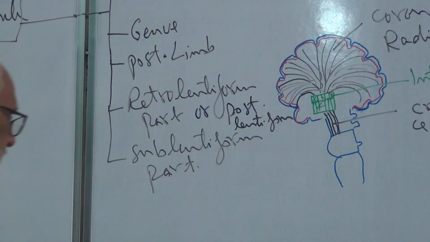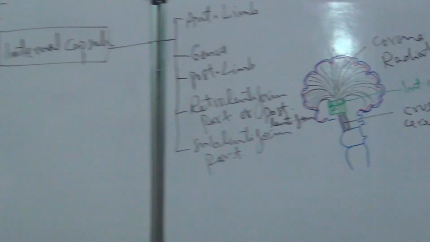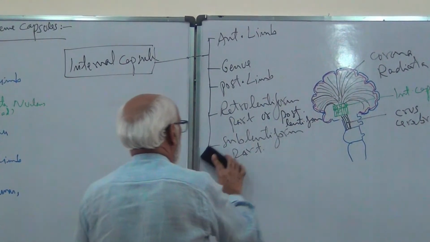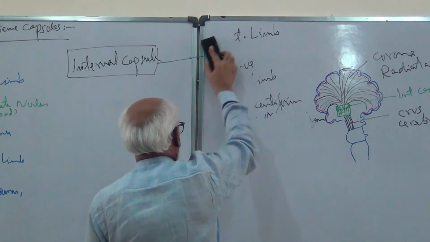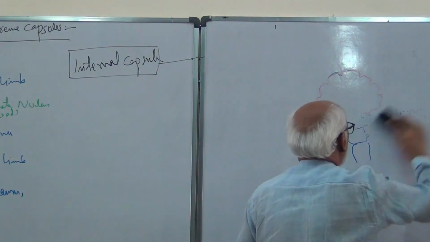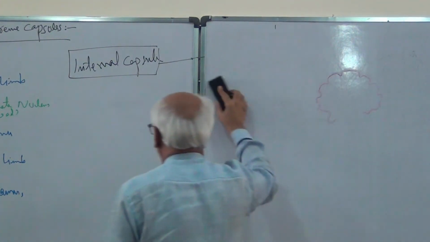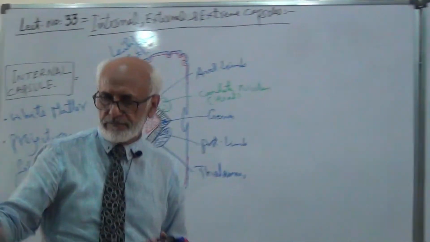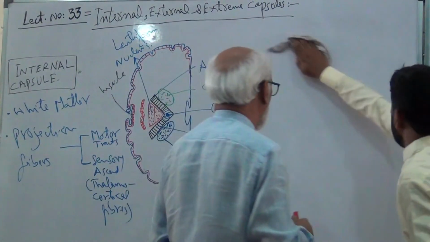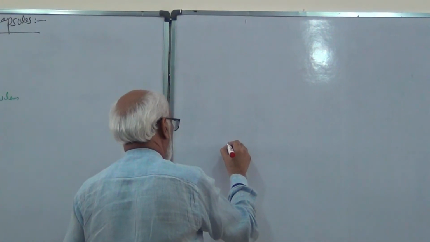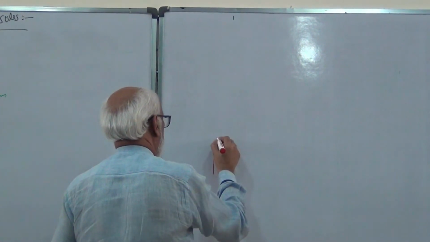Now if we draw a three-dimensional view of the internal capsule traversing between some major nuclei of the cerebrum, now suppose this is lentiform nucleus.